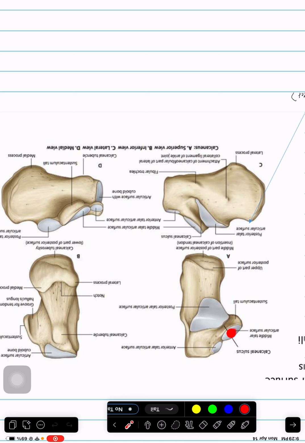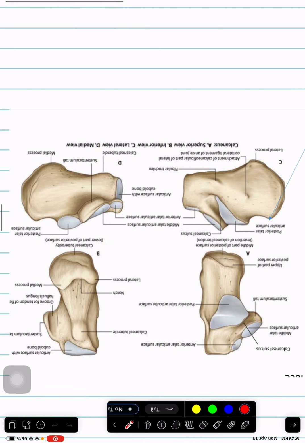You also have a third talar articular surface right here, the middle one. So on the superior surface of the calcaneus, you have your 3 surfaces that articulate with the talus: anterior, middle, and posterior talar articular surfaces.